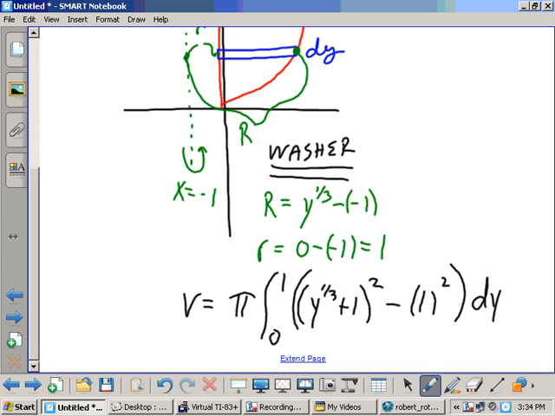Use algebra, FOIL, subtract 1, combine like terms, integrate, plug in our upper limit, subtract it from our lower limit, and then we have the volume rotated about the line x equals -1.